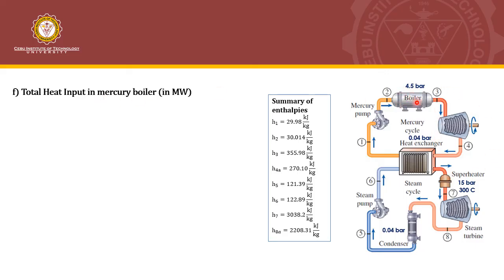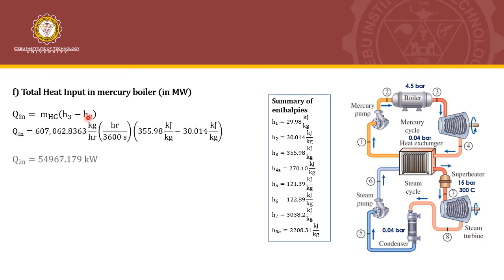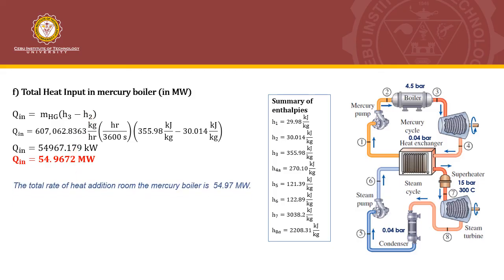That's why we just solve for this portion. It is simply the mass flow rate of the mercury multiplied by the change of enthalpy across the mercury boiler. Substituting the values, we get the total heat input in kilowatt and convert it to megawatt. So the total rate of heat addition from the mercury boiler is 54.97 megawatts.